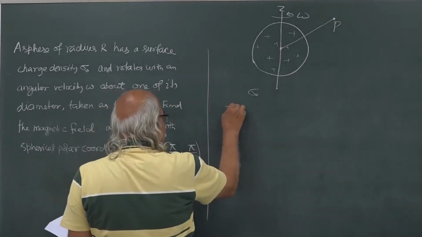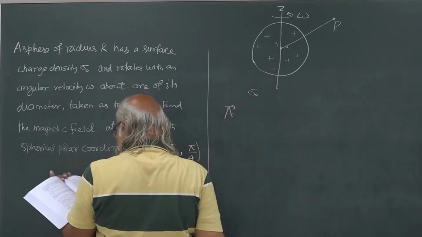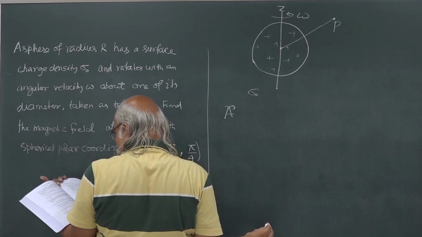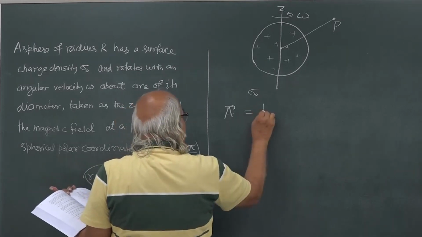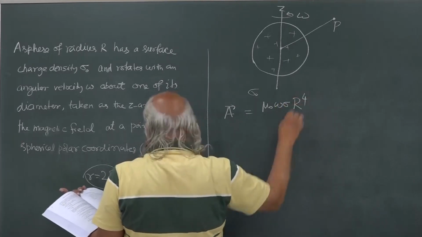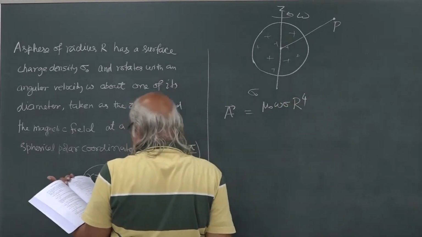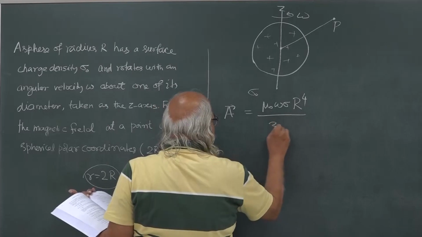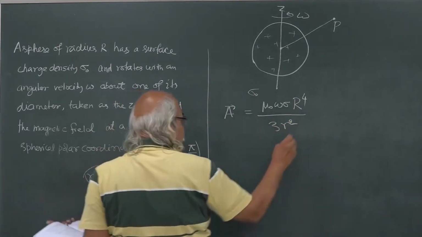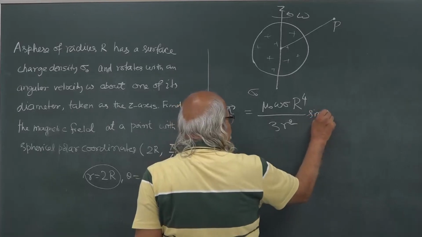In this case the vector potential A for outside is mu naught omega sigma capital R to the power 4 divided by 3 r square, and then sin theta phi cap.